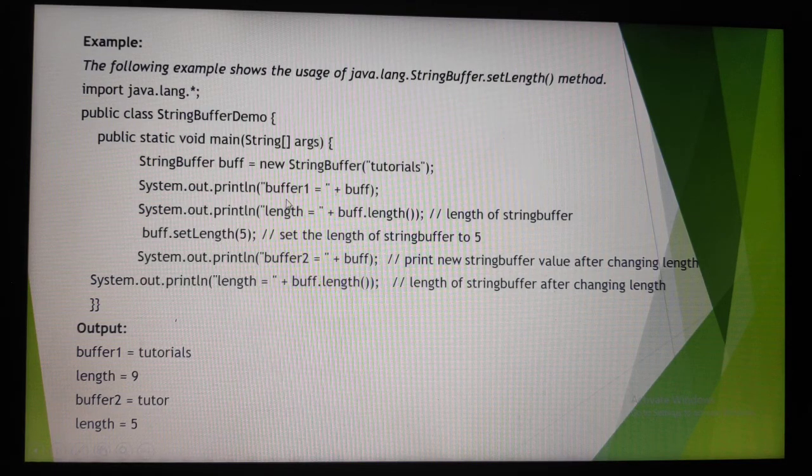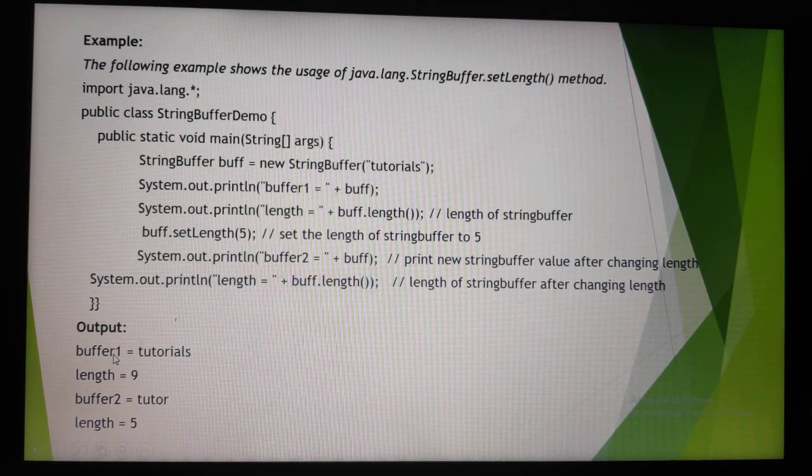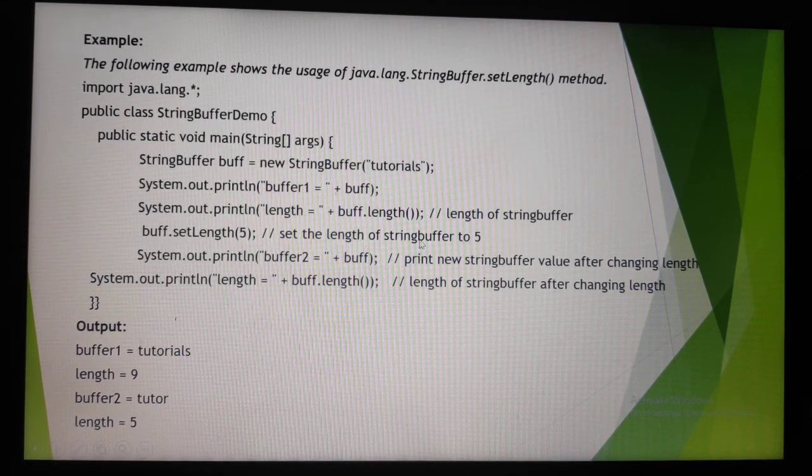Now buffer1 is equal to buff. This statement will print buffer1 is equal to tutorials, which I have given before. The System.out.println length equal to buff.length, so the length will come as 9, 1 2 3 4 5 6 7 8 9. So now here buff.setLength(5) sets the length of the StringBuffer to 5.